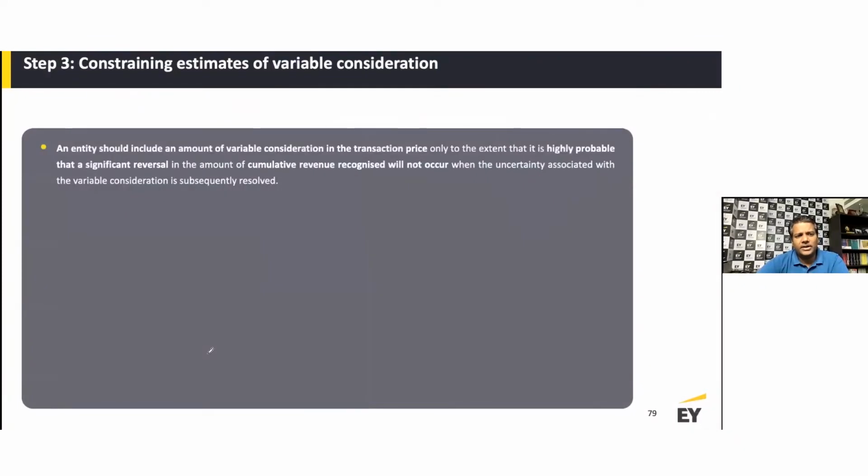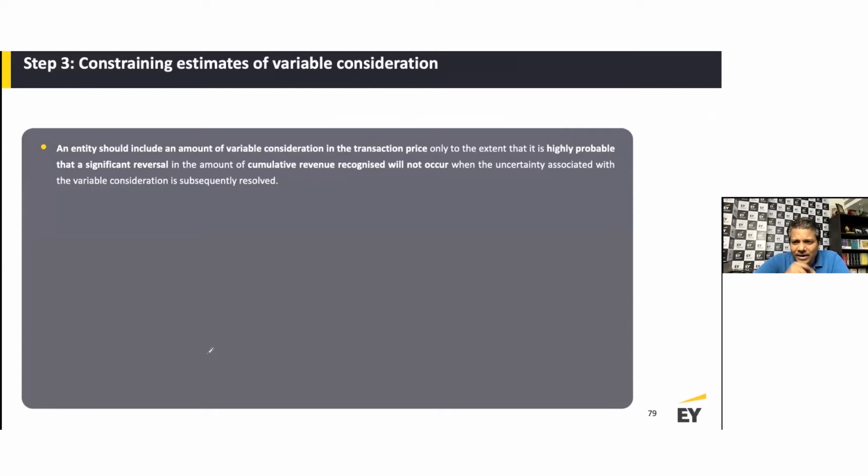So when you think about a constraint from the perspective of revenue recognition, an entity should include an amount of variable consideration. Remember the example of this construction: 25 crore is what I'm going to do, the contract consideration. And then I have 2.13 for my early completion and 2 crores for my bonus.